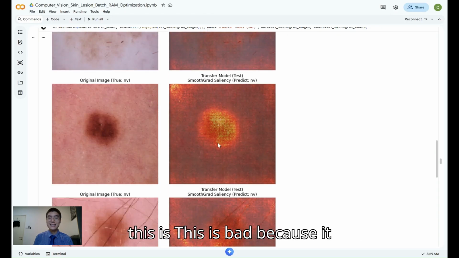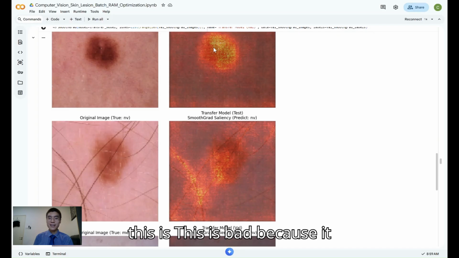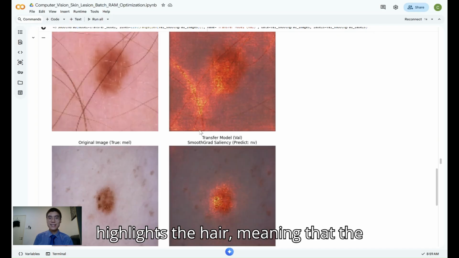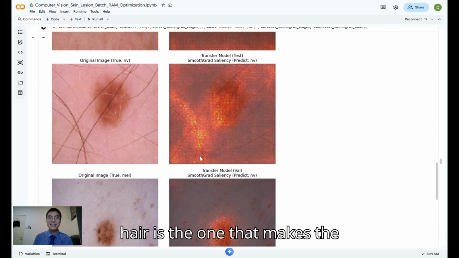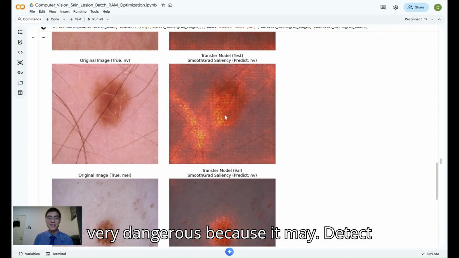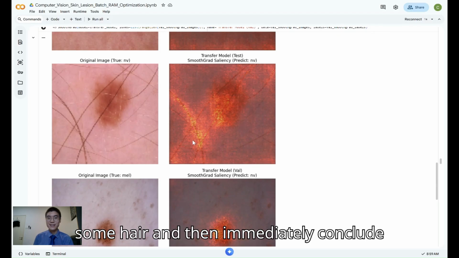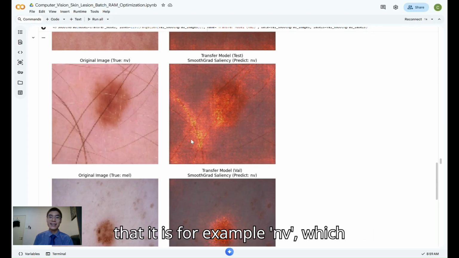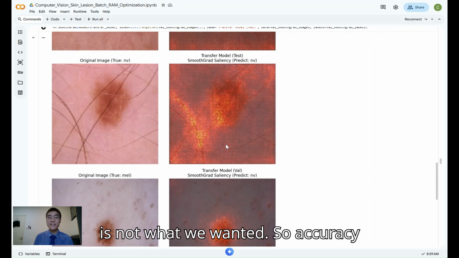The entire lesion is highlighted very carefully, and this is bad because it highlights the hair, meaning that the hair is the one that makes the decision, not the lesion itself. This is very dangerous because it may detect some hair and then immediately conclude that it is, for example, nevus, which is not what we wanted.